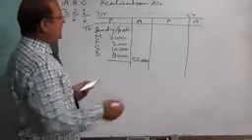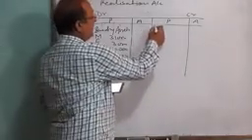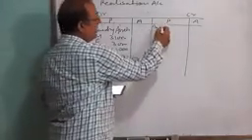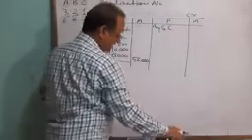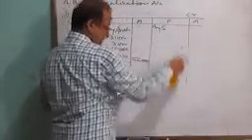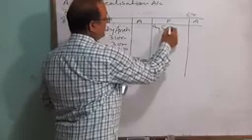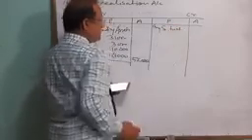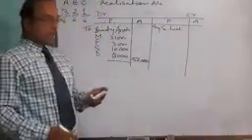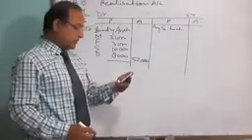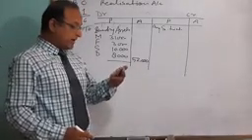Now the second step, you will have to transfer all the liabilities on the credit side, By Sundry Liabilities. So we have to write all the liabilities given on the liability side of the balance sheet. As you can see, we have bank overdraft and sundry creditors.